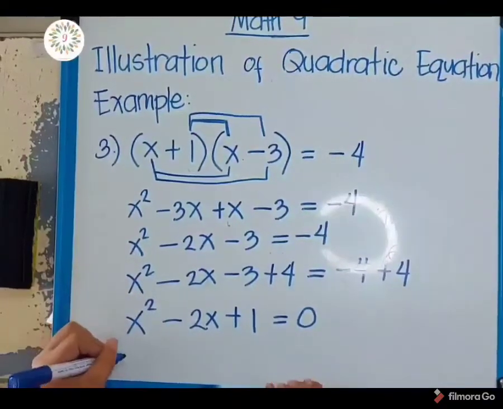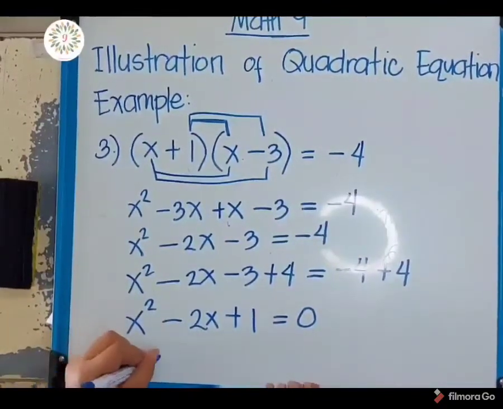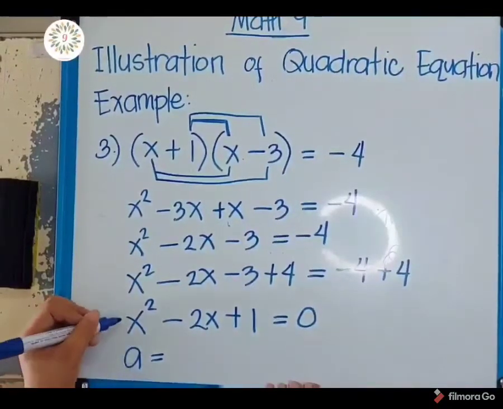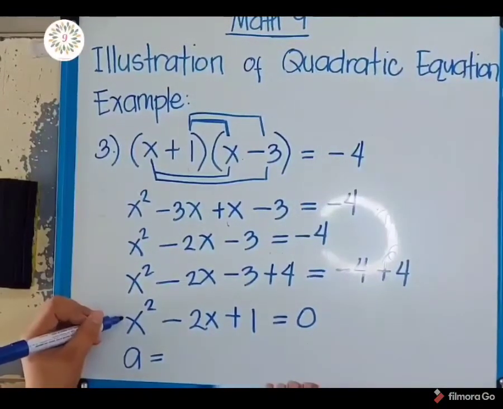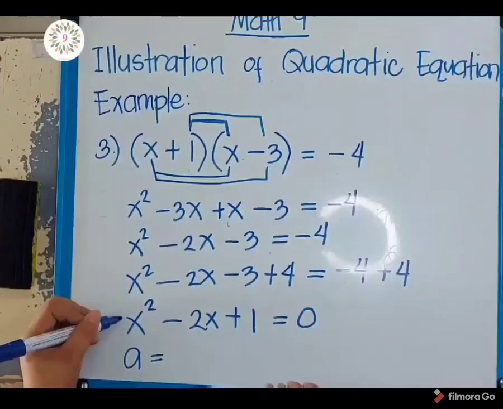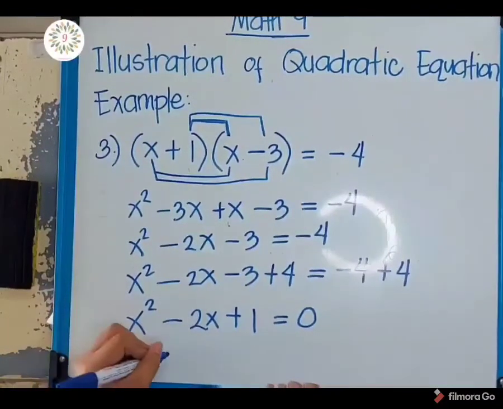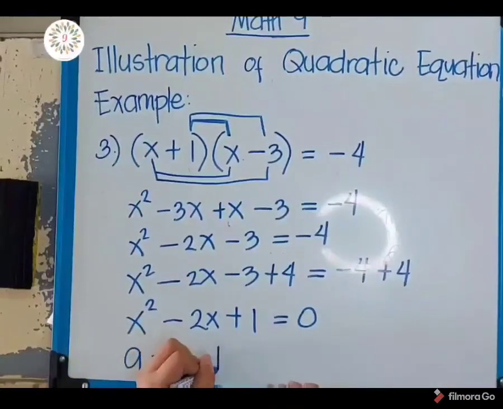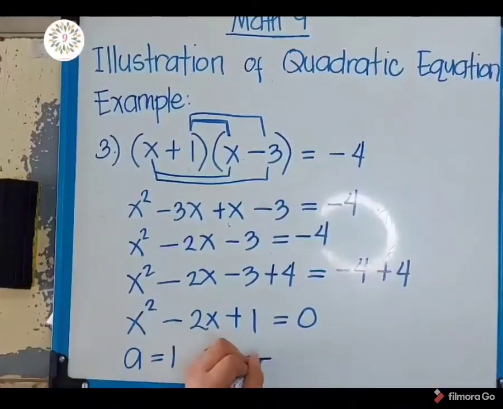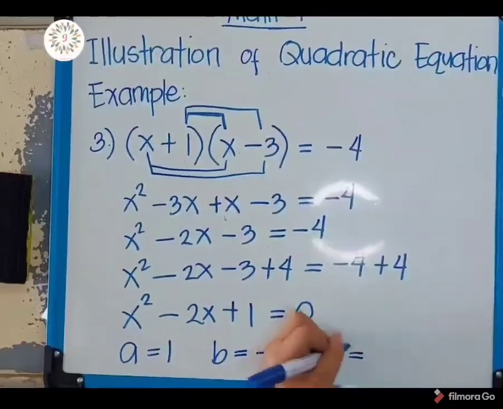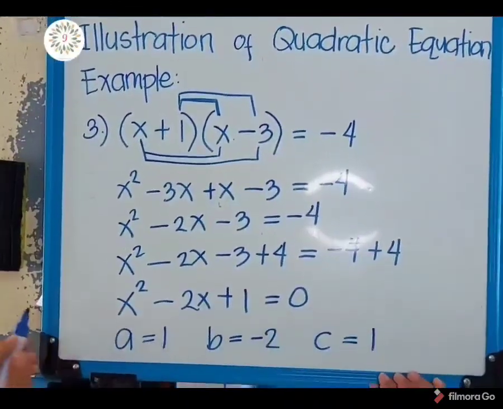For the value of a, as you can see, we don't see any number representing a, so that is automatically 1. So a is equal to 1. Then b is equal to negative 2, and c is equal to positive 1.